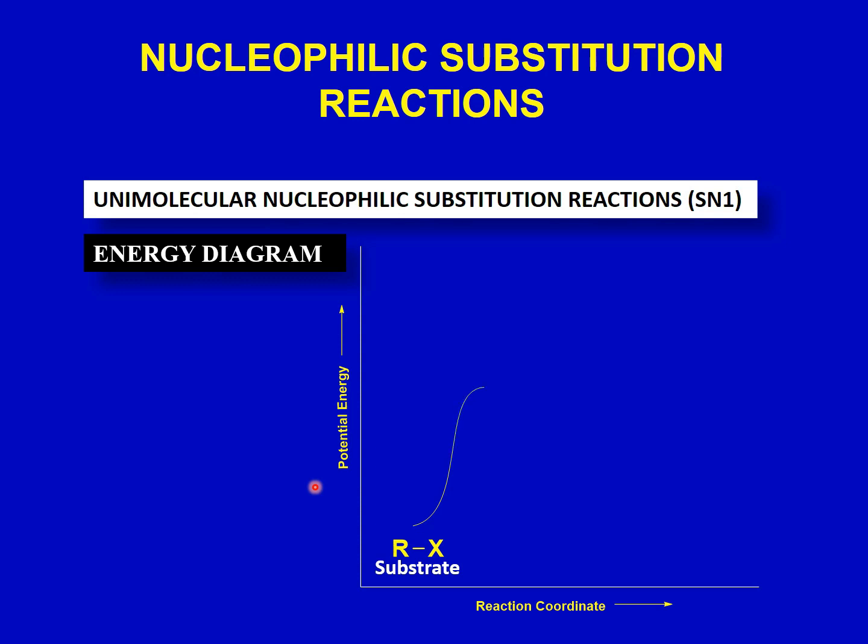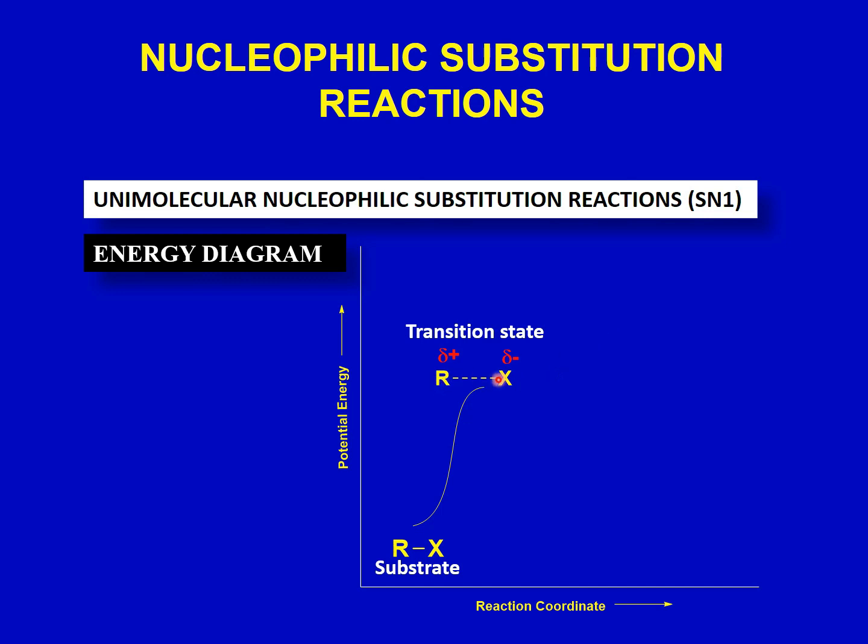So you can see here we have a substrate that is of lower energy, but as the bond starts to break, the R and X groups move apart from each other, and you can see a delta positive and a delta negative charge created on R and X, and this high energy state is the transition state. If you remember, in the first step there is formation of a carbocation intermediate.